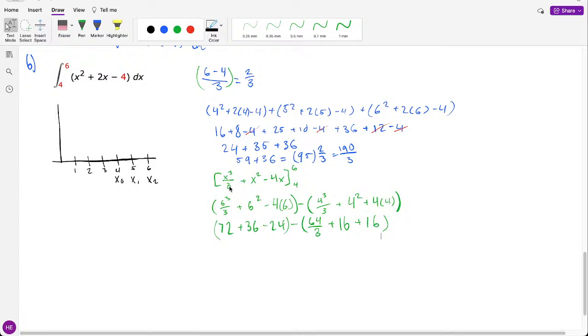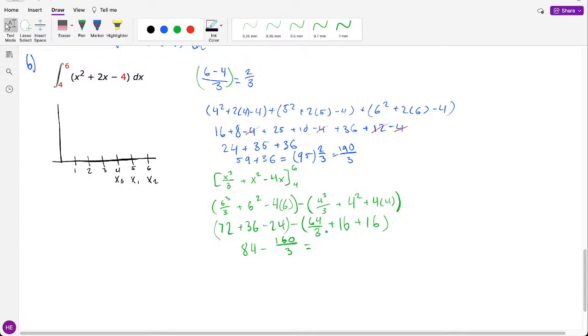That's 72 plus 36 minus 24. That's 84 minus 32 plus 64 over 3. That gets us 160 over 3.